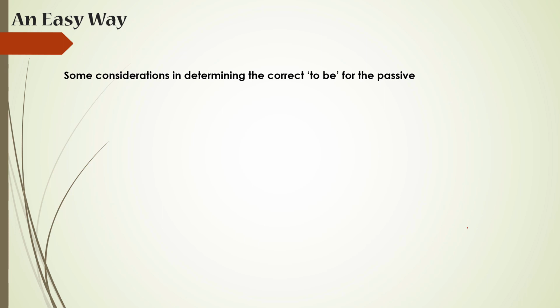We come to the next one, that is some considerations in determining the correct to be for the passive. First, determine whether the subject of the passive is singular or plural. Have a look at the subject. The subject of the passive comes from the object of the active sentence. Then determine whether the subject of the passive is in the form of singular or plural.